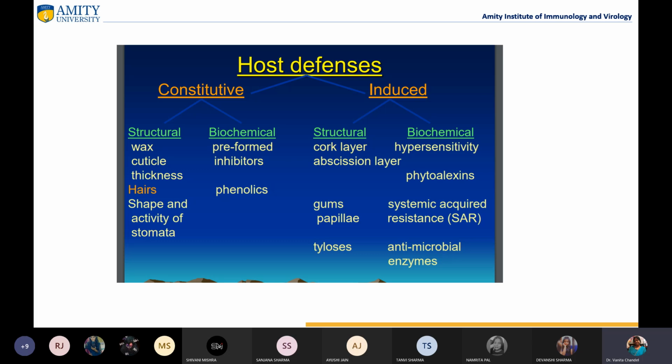Induced responses include the corky layer or abscission layer being formed. The biochemical ones include hypersensitivity, phytoalexins, systemic acquired resistance, or antimicrobial enzymes, right? These are the biochemical induced responses generated by the host.